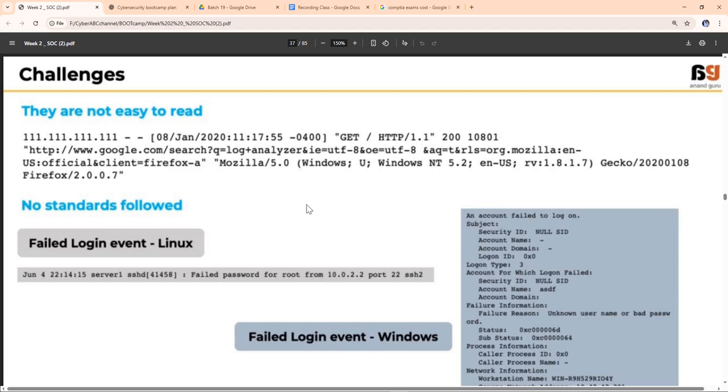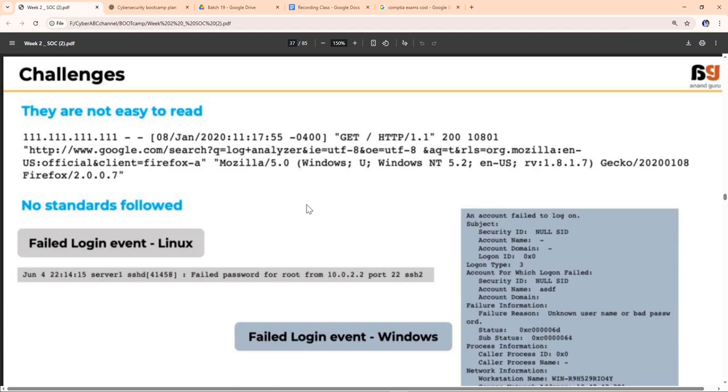Get front slash, hypertext transfer protocol, then 1 to 1 and 200 to 1081.